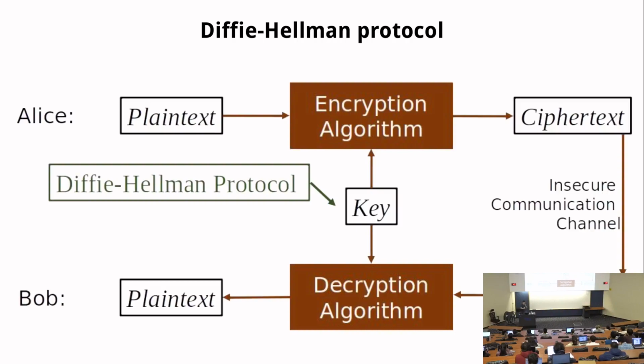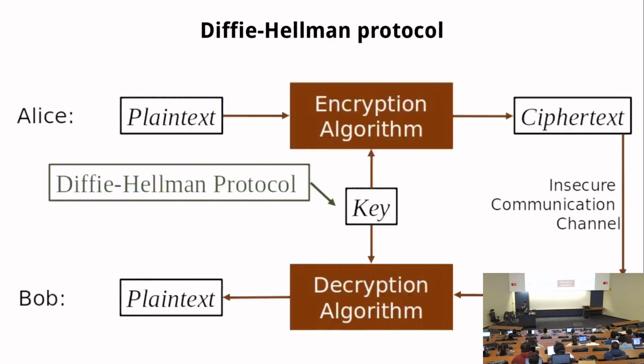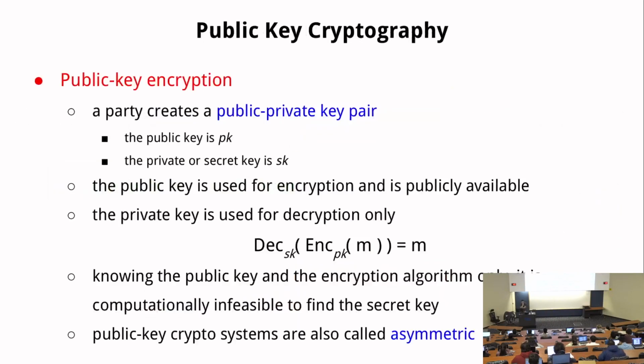So Alice and Bob think they are talking to each other directly, but what they are doing is actually talking to a third party. So to solve that problem, and actually the very beginning of the idea from Diffie and Hellman was something called a public key crypto system.